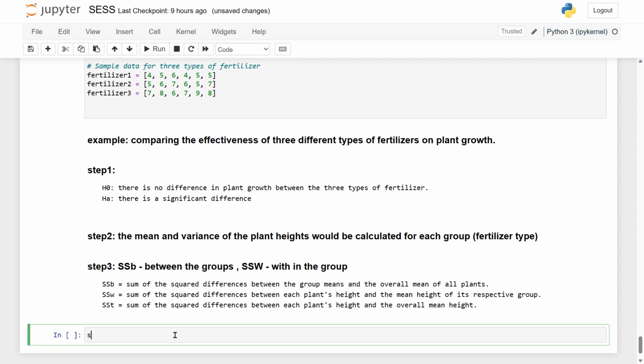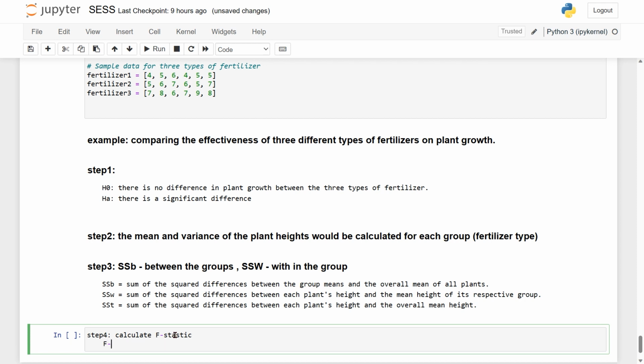Now, it's pretty straightforward. Step 4, calculate the F statistic. The F statistic would be calculated by dividing the between group variance, SSB, by SSW.